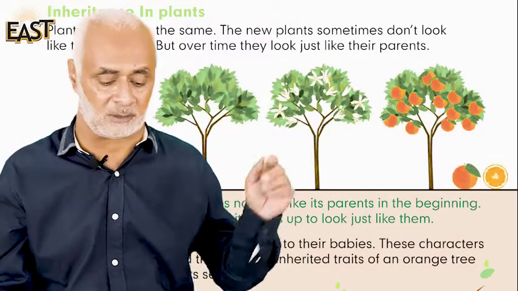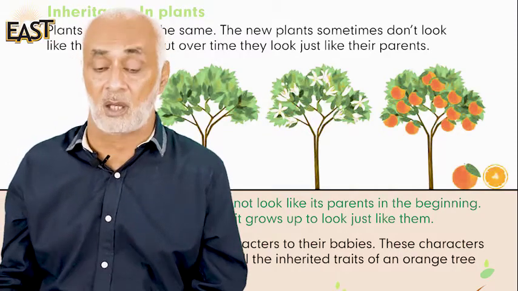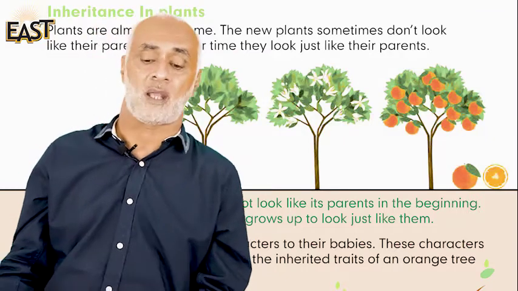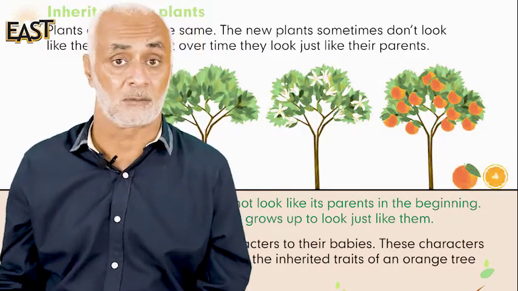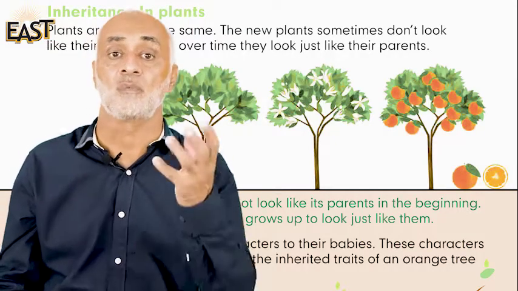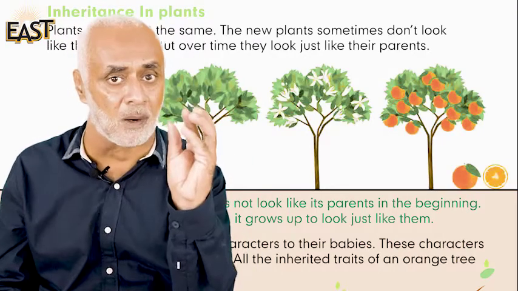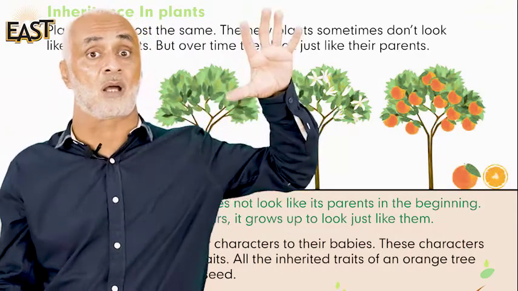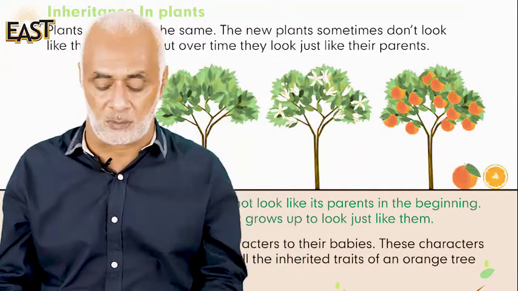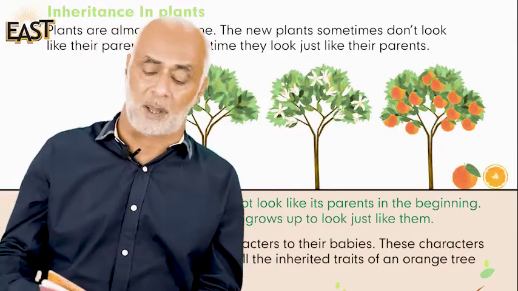Inheritance in plants. Plants are almost the same. The new plants sometimes don't look like their parents. If you notice a cucumber plant or tomato plant, you will notice that the baby plant doesn't look like a grown plant, but over time they look just like their parents.